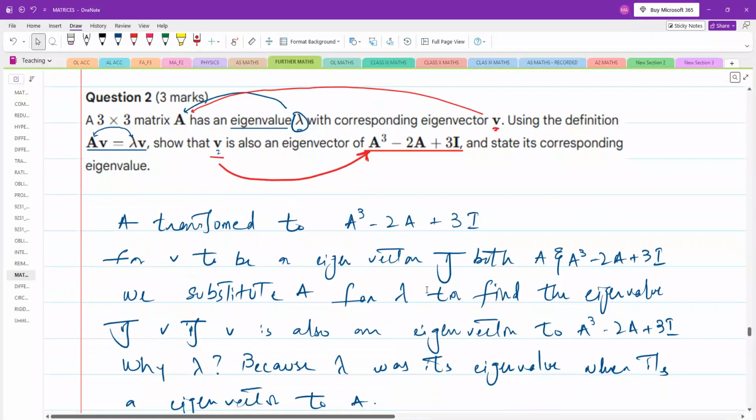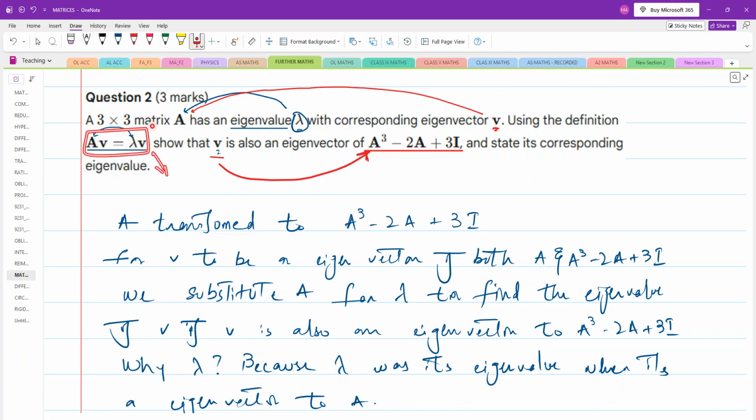Second question. A 3 by 3 matrix has an eigenvalue lambda with corresponding eigenvector v. Using this definition, show that v is an eigenvector of this equation and state its corresponding eigenvalue. Something you need to know is that this equation is something we discussed at the very start.